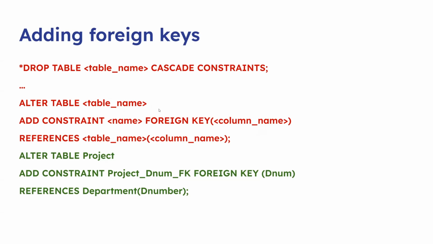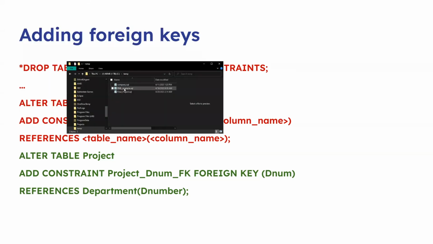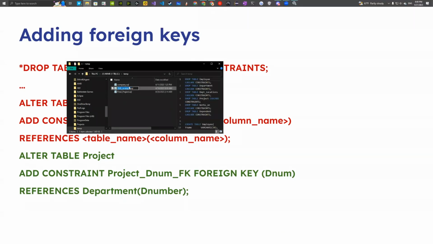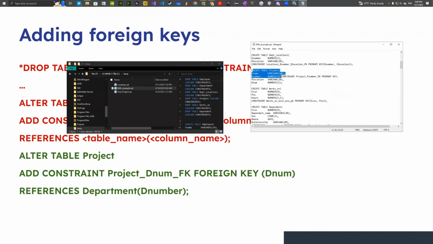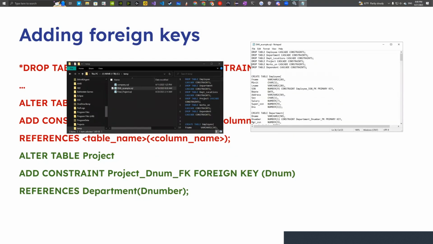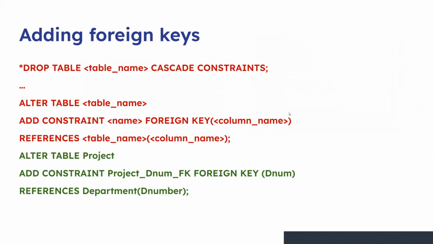Essentially, whenever you're recreating a database, it'll throw errors and won't let you do it. So you should always include at the top of your file drop table, then the table name, and then cascade constraints. I will open up this file right here. You can see where I created the project table, and then you can see drop table project cascade constraints because I have the foreign keys associated.